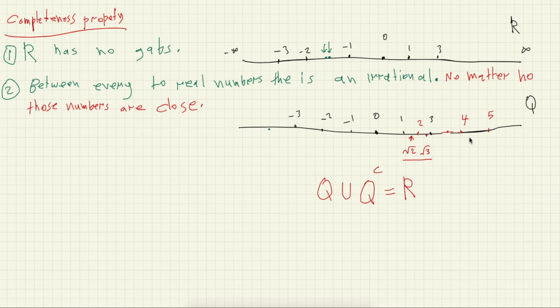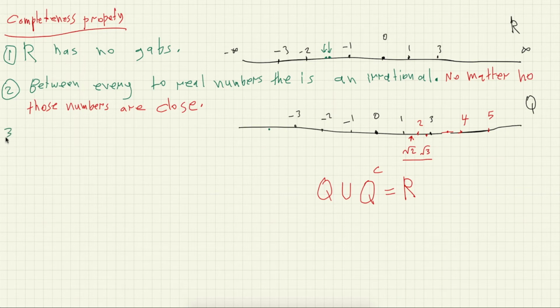In general, between any two rational numbers there is an irrational number, and between any two irrational numbers there is a rational number.